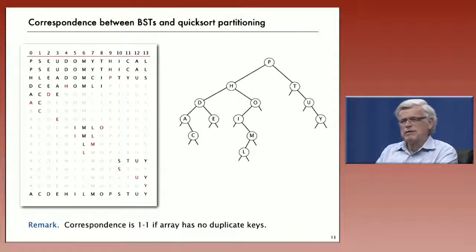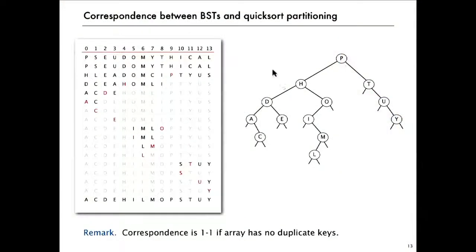One remark before we do the analysis is that binary search trees correspond exactly to quicksort partitioning. In the binary search tree, we have a node at the root, and we have everybody smaller to the left and everybody larger to the right. In quicksort partitioning, after the random shuffling, we have the partitioning element, and then we process everybody to the left independently of everybody to the right.